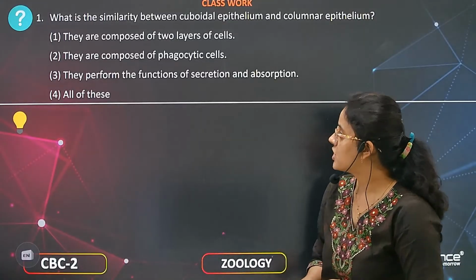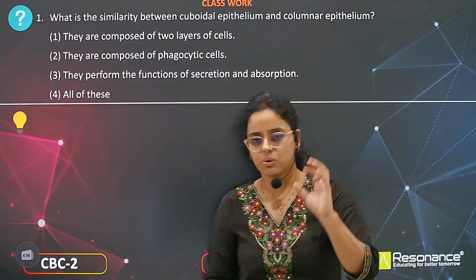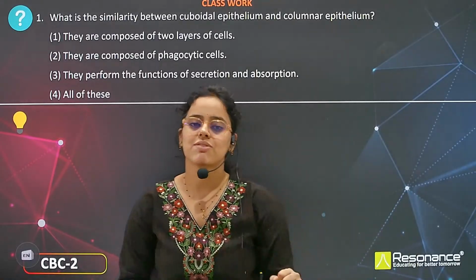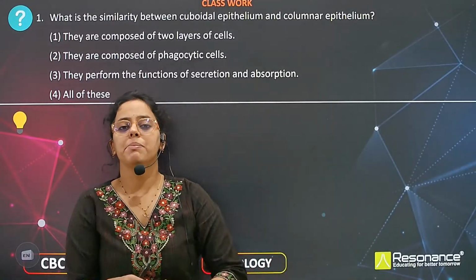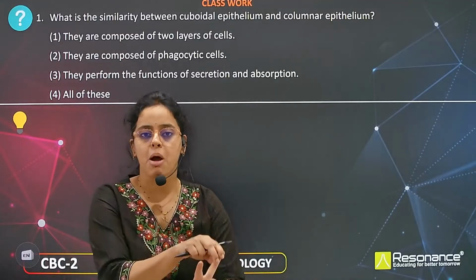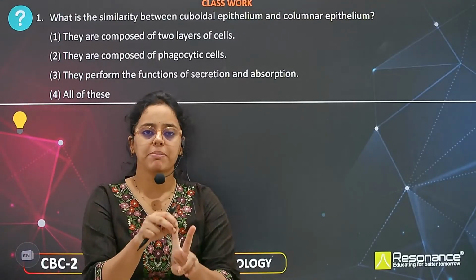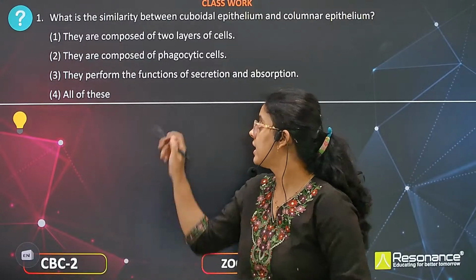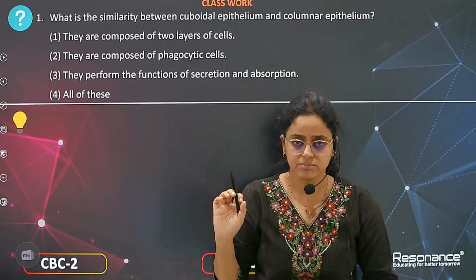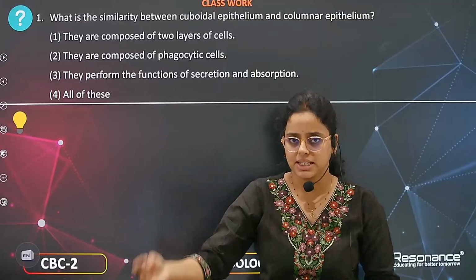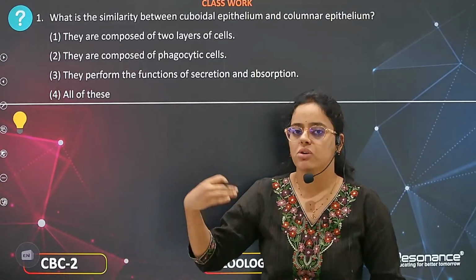They perform the function of secretion and absorption. As I have told you, epithelial tissue is divided into two types: simple epithelium tissue and compound epithelium tissue. Simple epithelium tissue is always for secretion and absorption, like simple squamous, cuboidal or columnar epithelium.